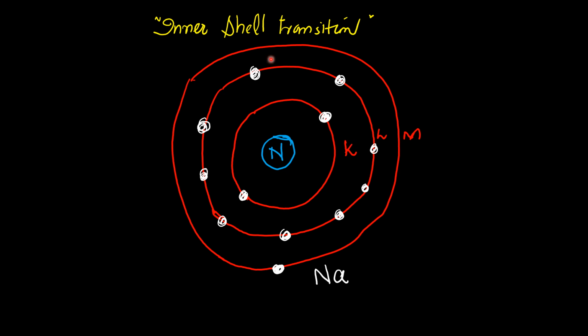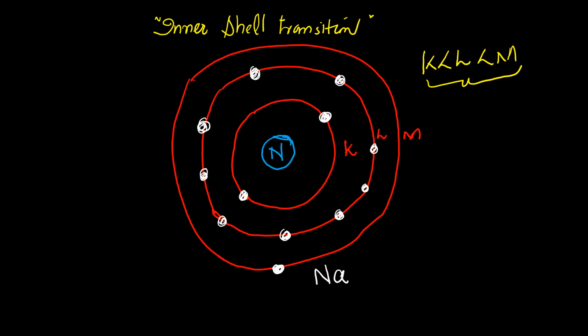Now, every energy level has a specific energy. K shell has lesser energy than L shell, and L shell has lesser energy than M shell, which means that higher energy level electrons have higher energy than the lower energy level electrons.